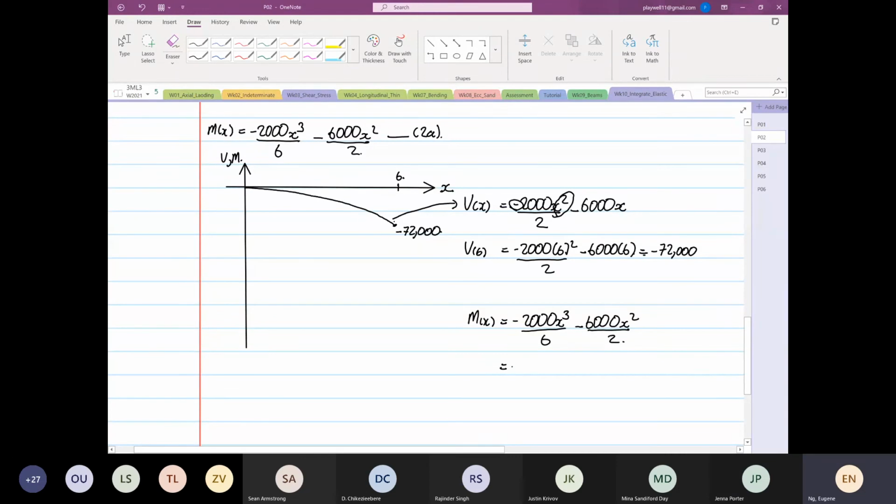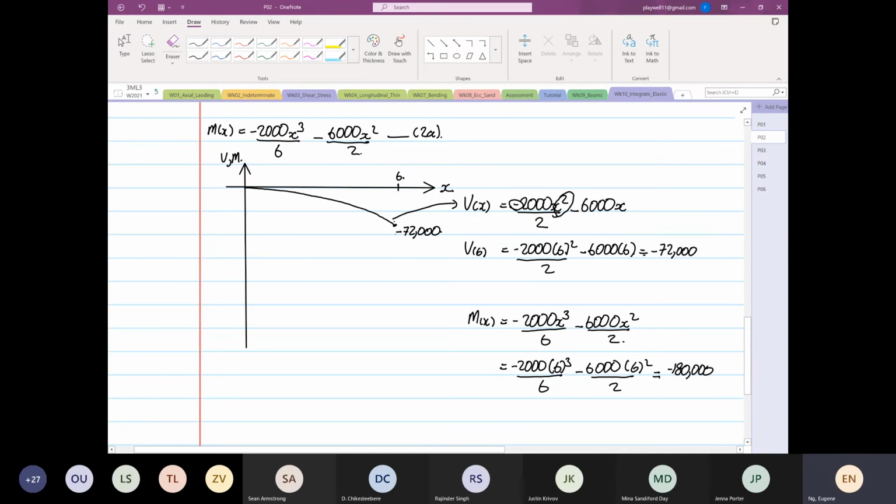So from here, we have minus 6000, 6 cubed divided by 6, minus 6000 times 6 squared divided by 2. So this will be equal to minus 2000 times 6 to the power 3 divided by 6 minus 6000 times 6 squared divided by 2, which is minus 180,000.